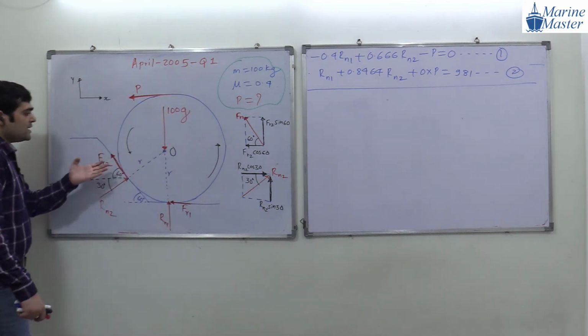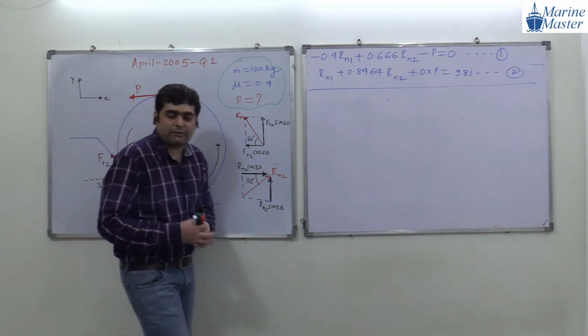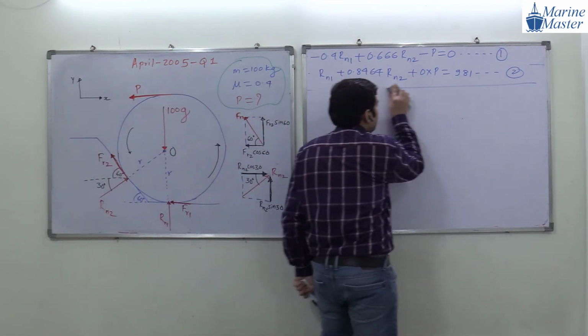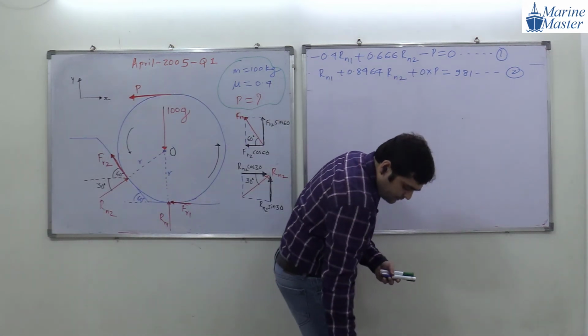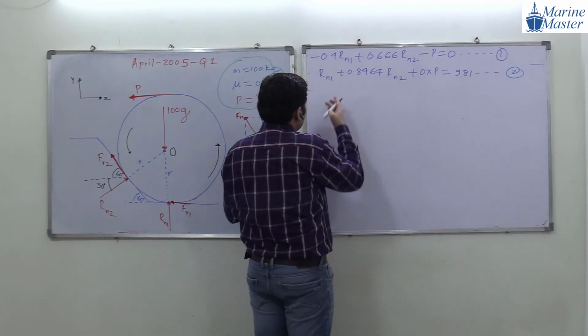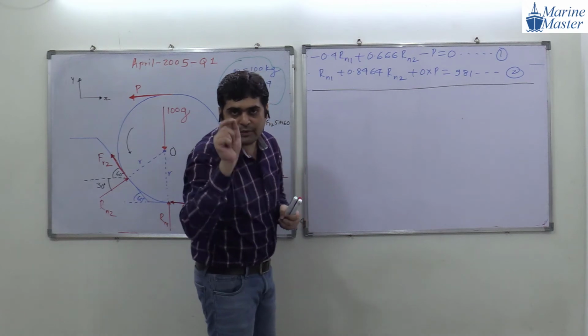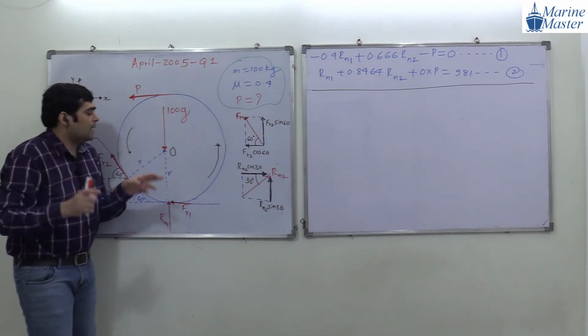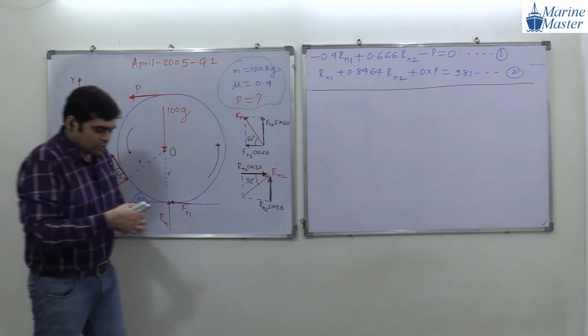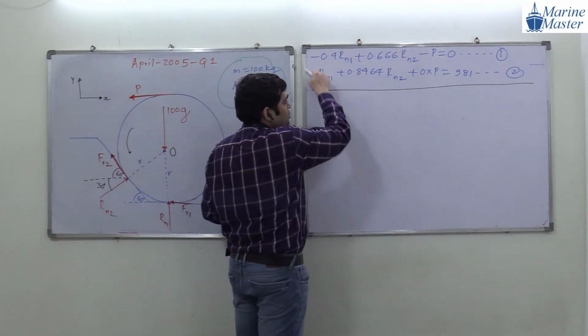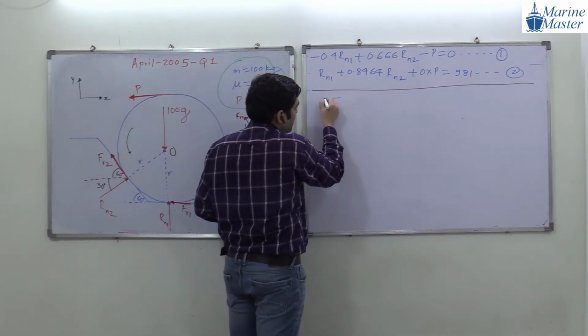So the base point of selection is our point O. For taking moment, which point are we selecting? Summation of moment about point O. So for the third equilibrium equation, don't write these two equations; start writing from this point.